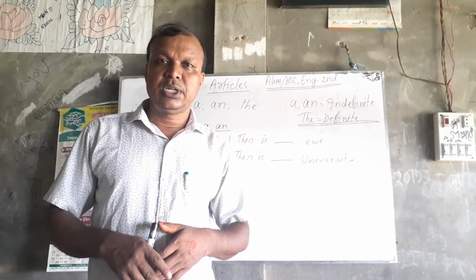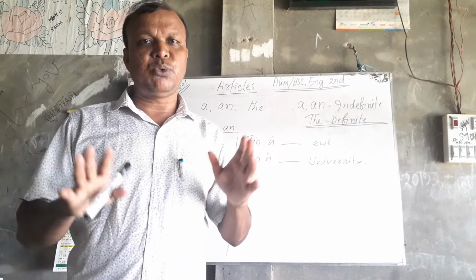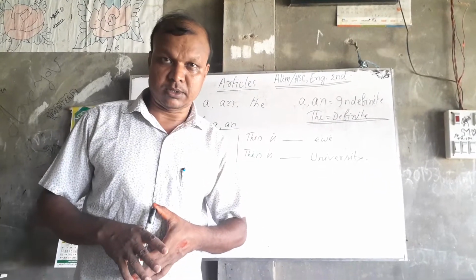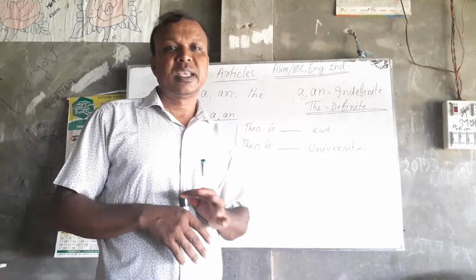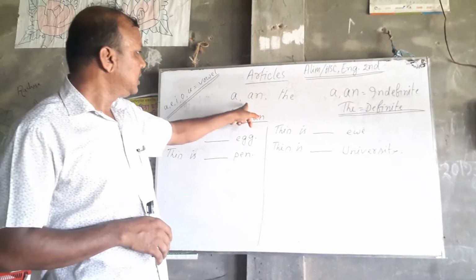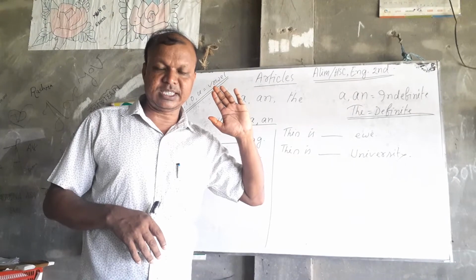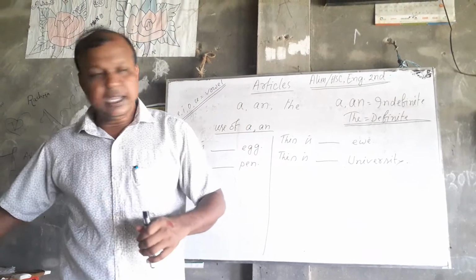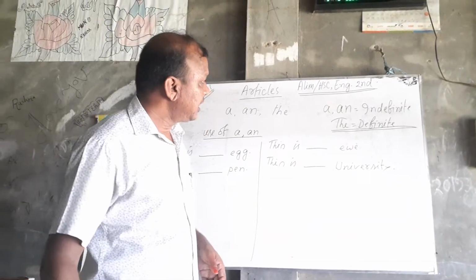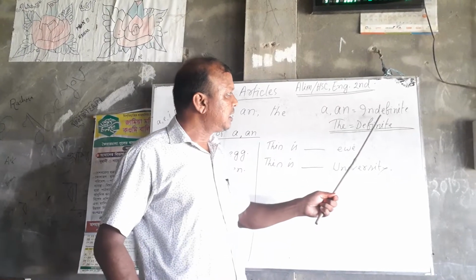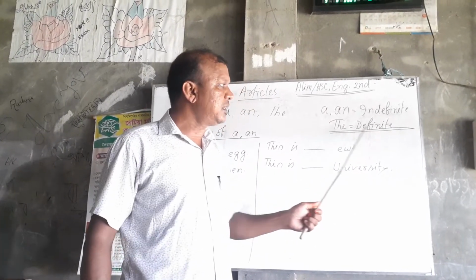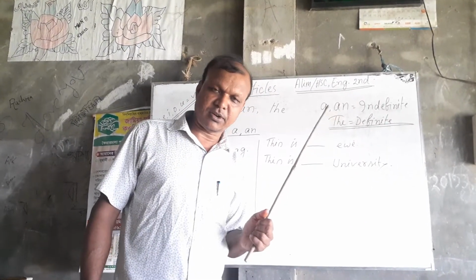At first, all of the students are well known what articles are. Dear learners, you know A, An, and The are articles. A and An are indefinite articles and The means definite article.